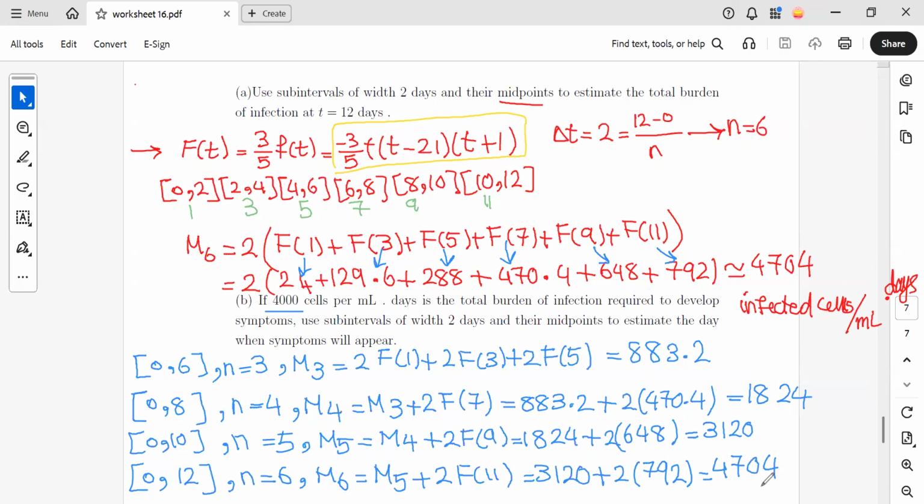So this is where we can see the symptoms. As an interpretation, we would say that the total amount of infection is greater than 4,000 cells per milliliter times day, as expected, by 12 days, because we use the interval of 0 and 12. So symptoms will appear approximately on the 12th day.